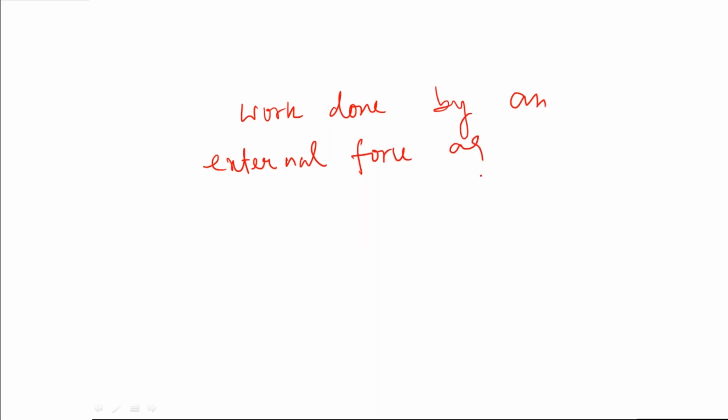So what is the definition? Work done by an external force against the electric field.